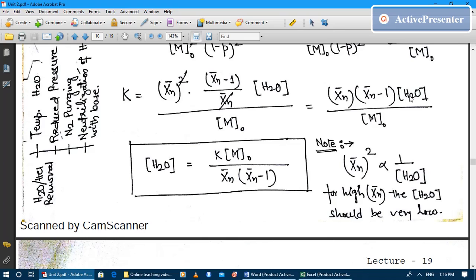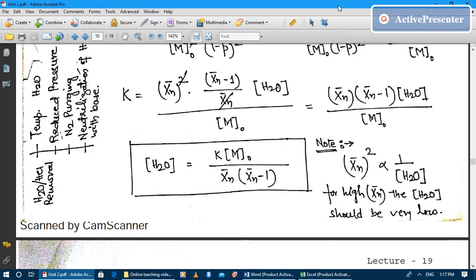So we can shift the terms so that the concentration of water is on the left hand side, and the rest of the equation is K M naught over Xn bar times (Xn bar minus 1).